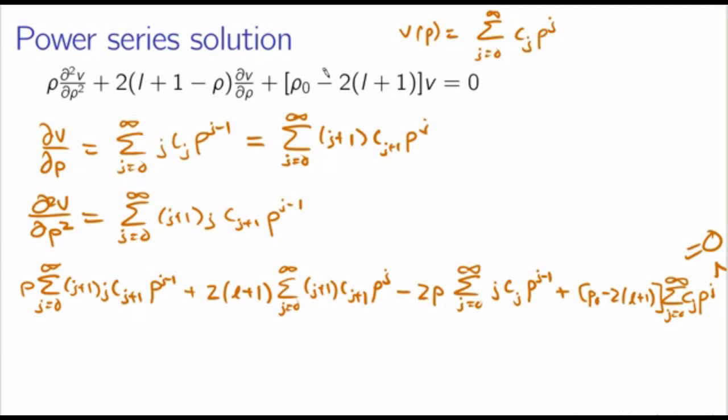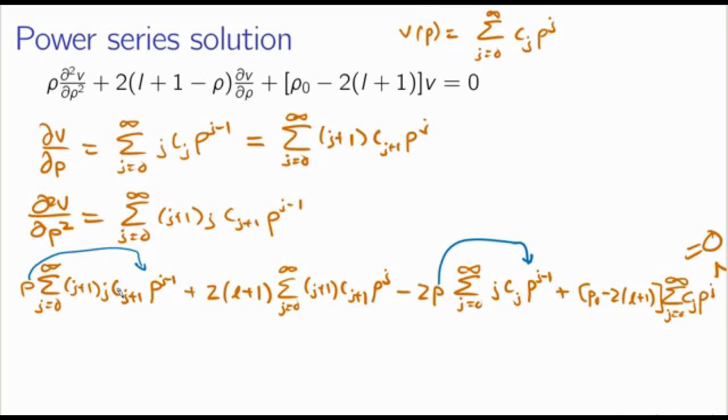Since what I'm looking for is a power series solution, in order for this equality to hold, all the coefficients in this polynomial must be 0. So the coefficient of rho to the 0th power is going to be 0, the coefficient of rho to the first power is going to be 0, etc. And since I can multiply this rho into this and get a rho to the j power here, likewise, I can multiply this rho in and get a rho to the j power here.